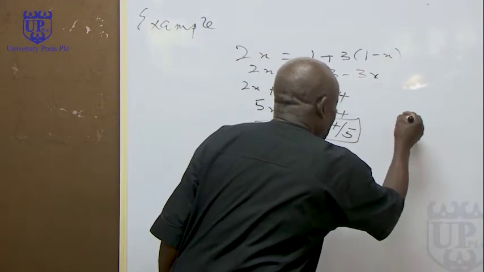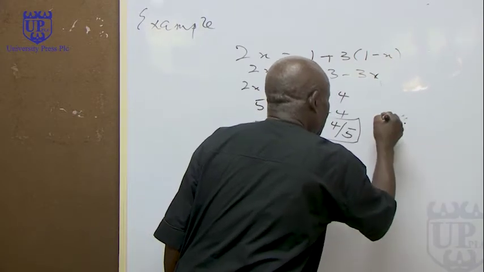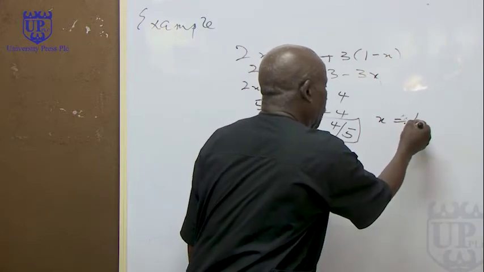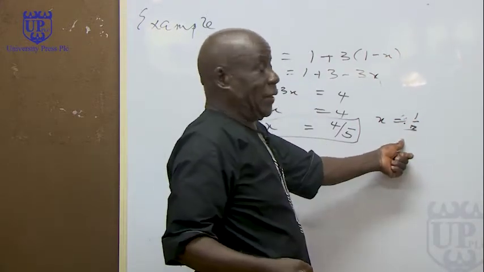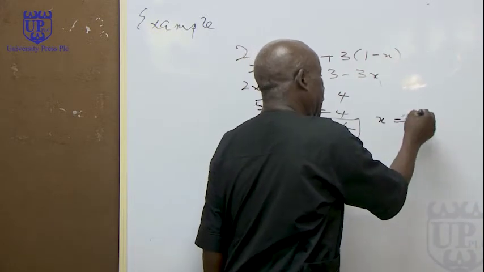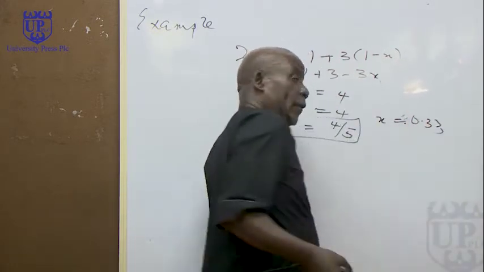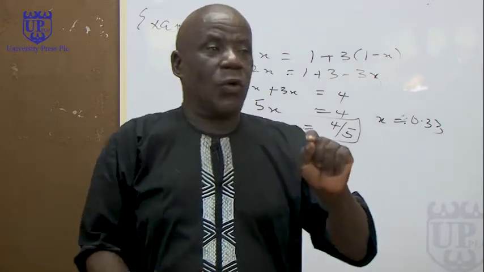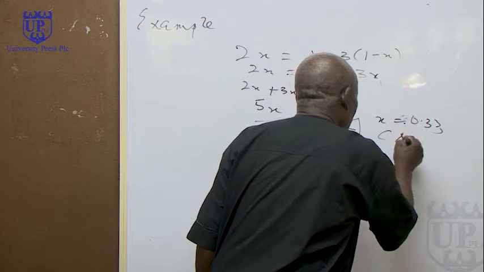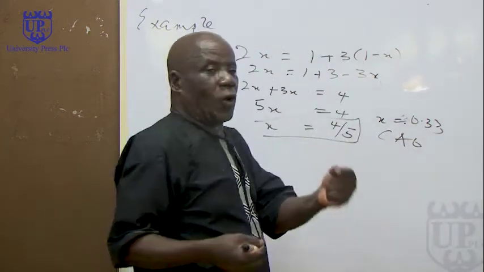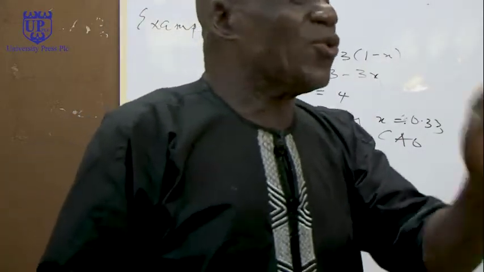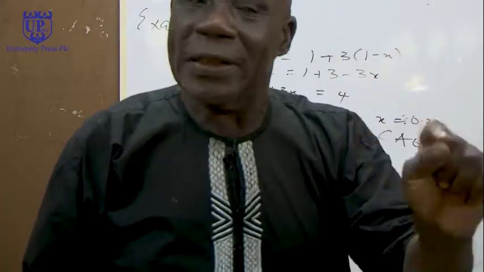Let's say your value of x somewhere is 1 over 3, but you don't want to write 1 over 3 down. Because you use your calculator, you say x is 0.33. They will give you 0 because that's what we call CAO when marking. CAO means correct answers only. 1 over 3 is not equal to 0.33.